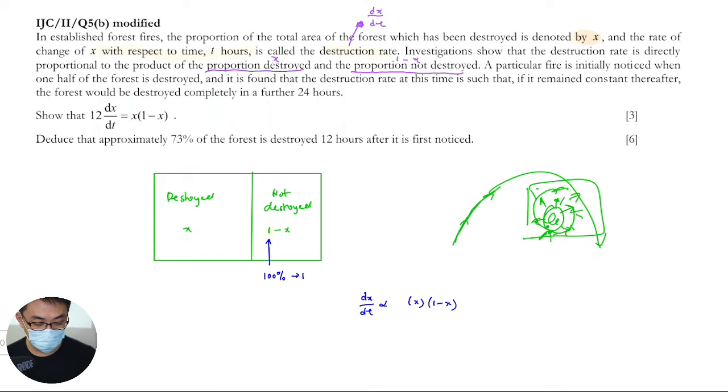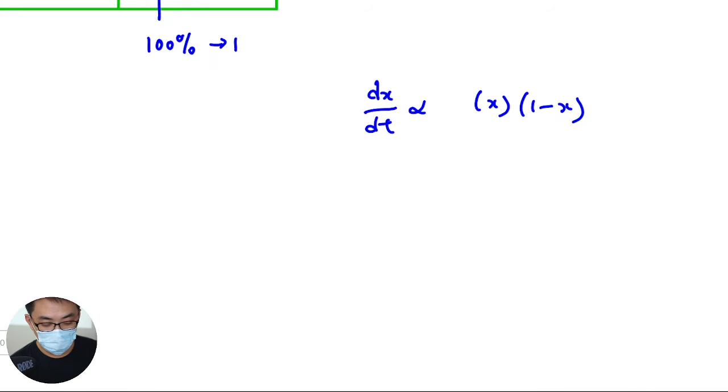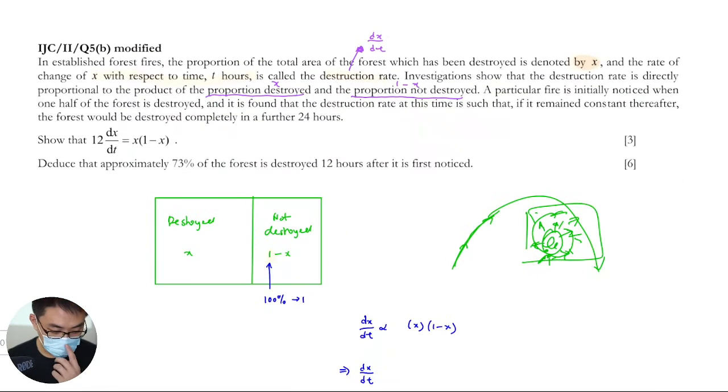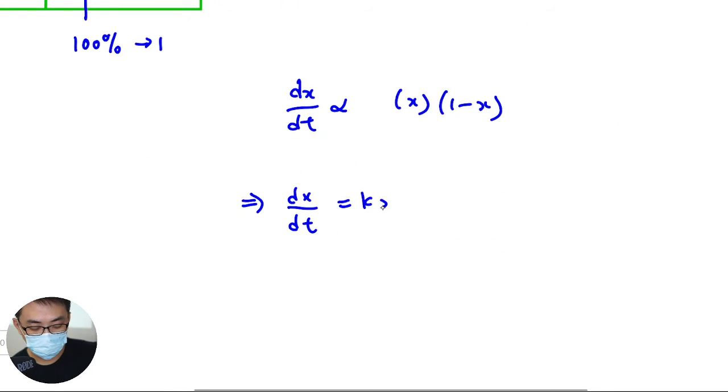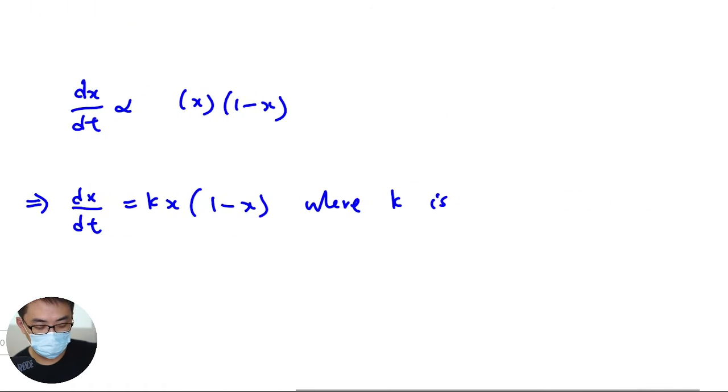So dx/dt equals kx(1 minus x), where k is a positive constant.